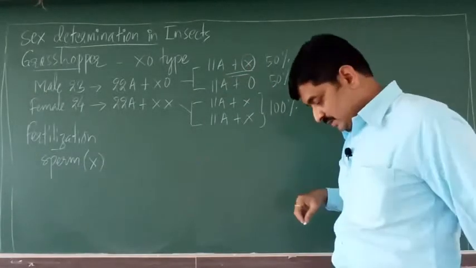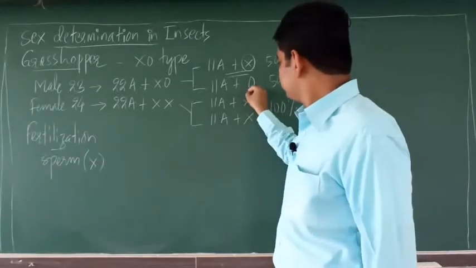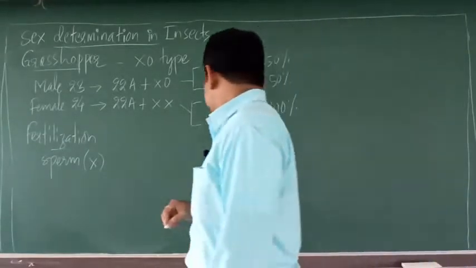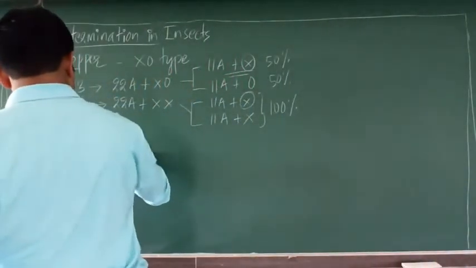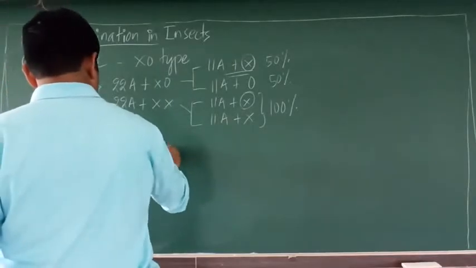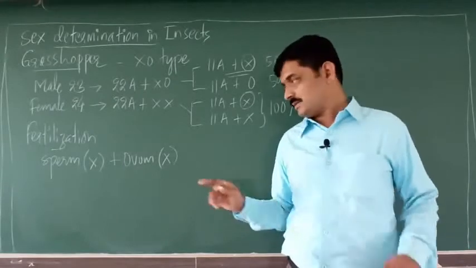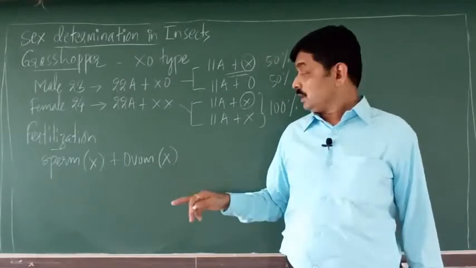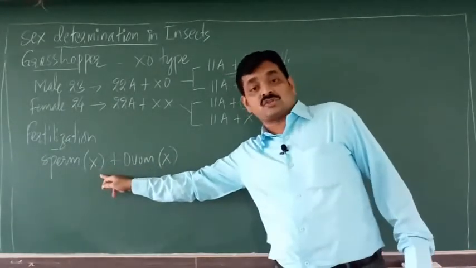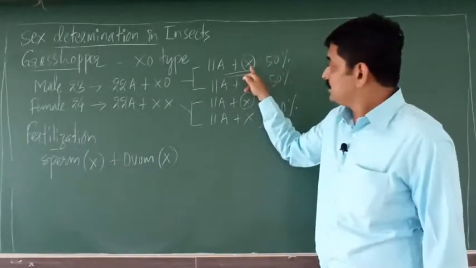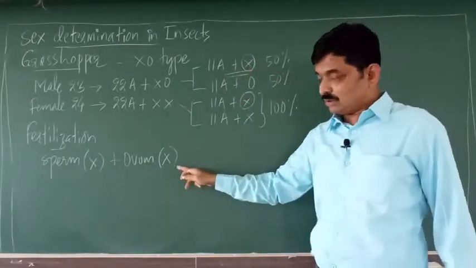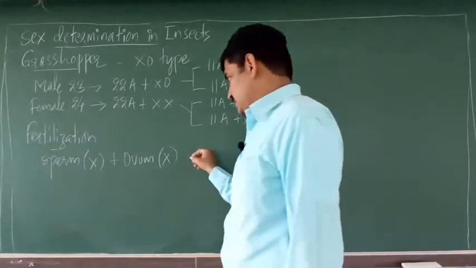When it fuses with an ovum, right? All ova have one X chromosome. So when sperm containing X chromosome fuses with the ovum, what you get?